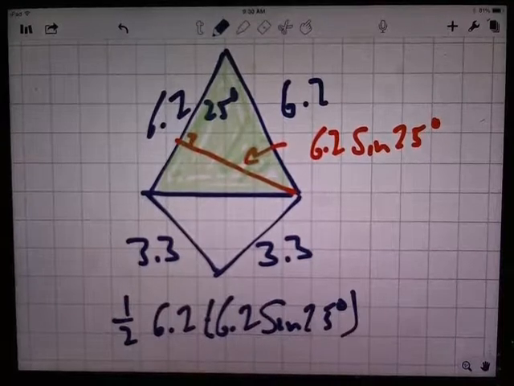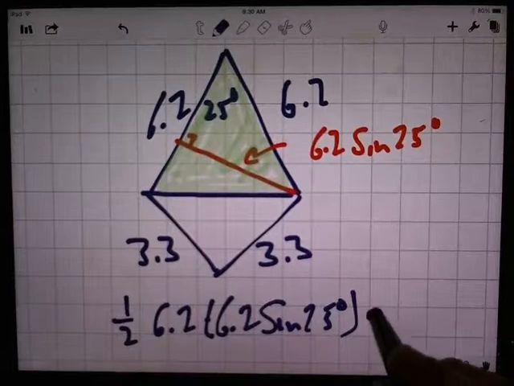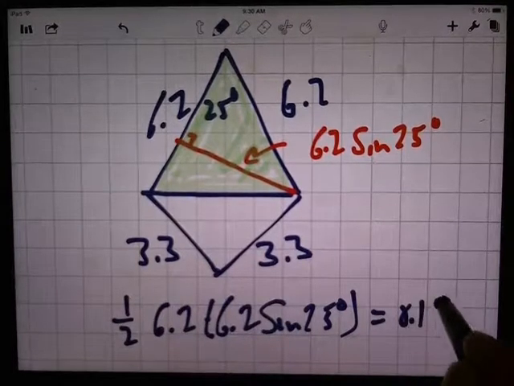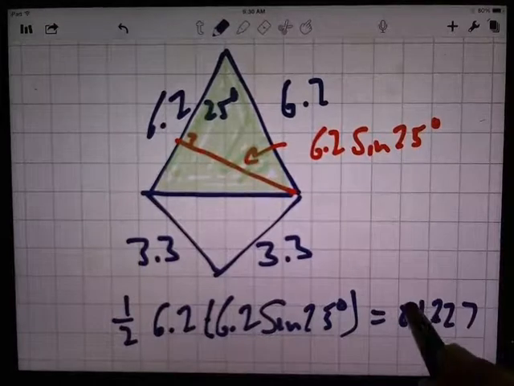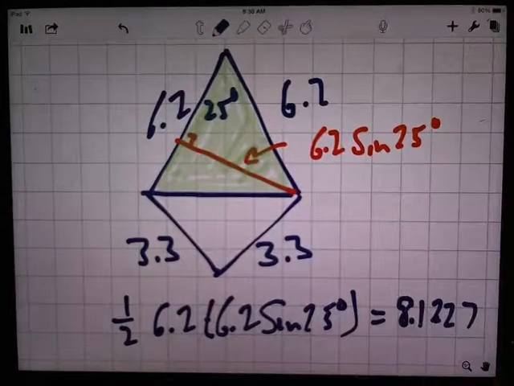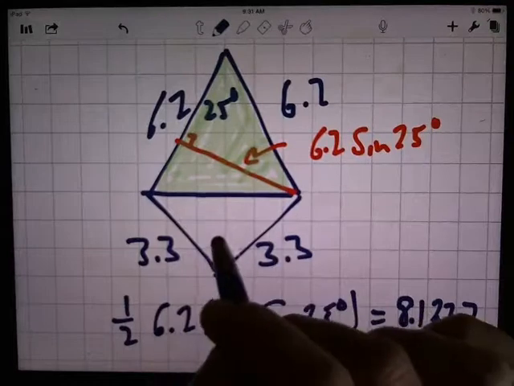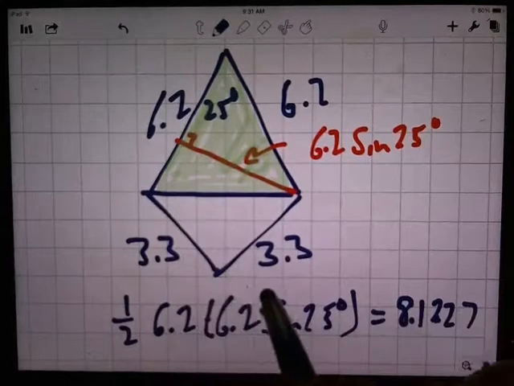Okay? And if I type that into my calculator, I get 8.1227 and some change.